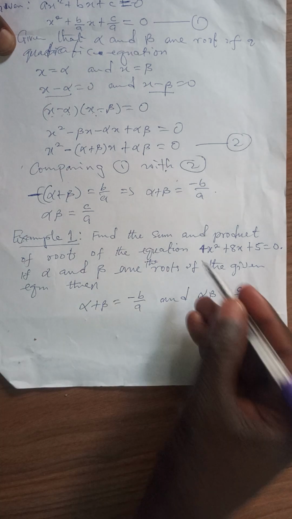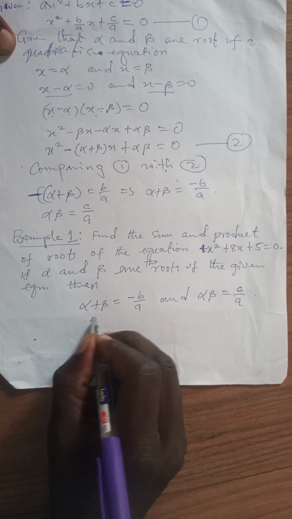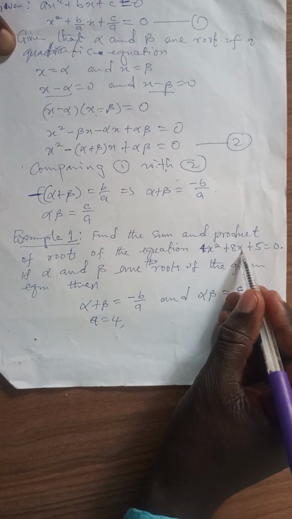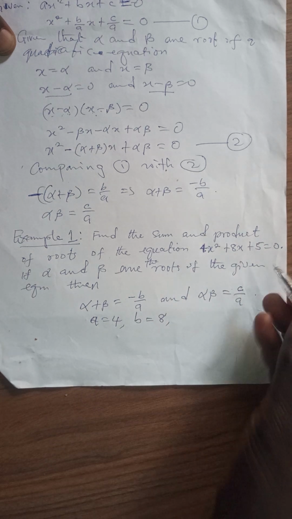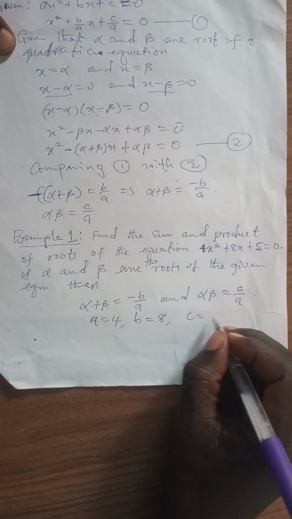Looking at the equation, a is the coefficient of x squared, so a is equal to 4. b is the coefficient of x, so b is equal to 8. c is the constant term, so c is equal to 5.